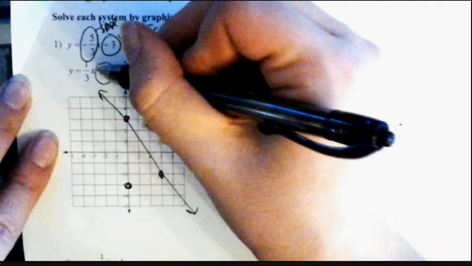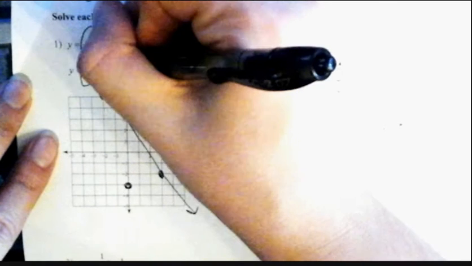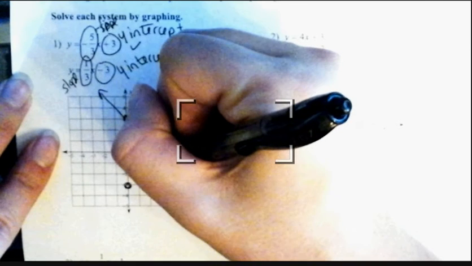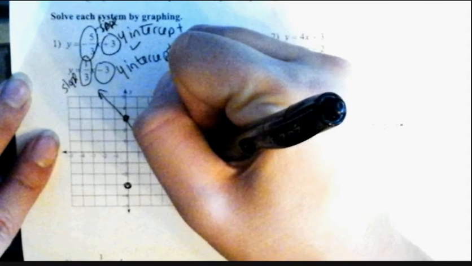Now I'm going to look at this one. This one starts at the y-intercept of negative 3. And then my slope is rise 1, run 3. So from here I'm going to go up 1, over 1, 2, 3.